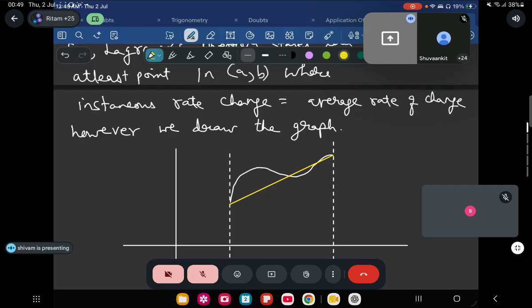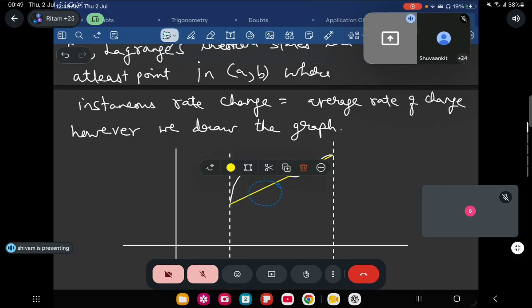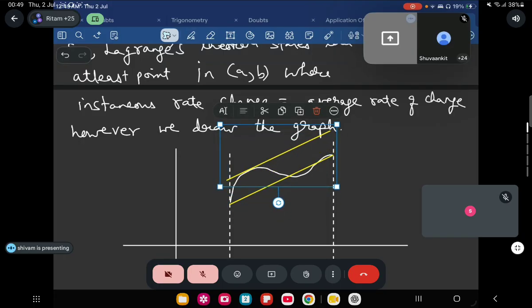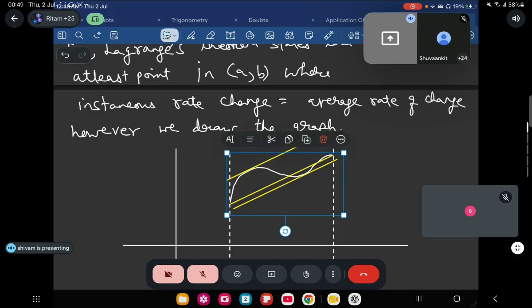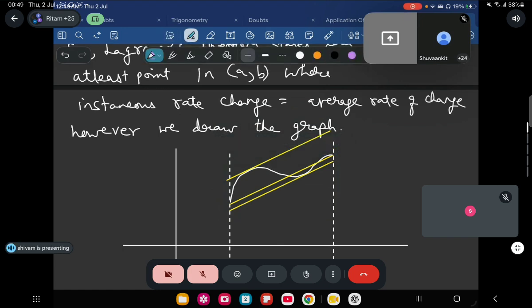So at least there will be one point between A and B such that f dash C equals it. Copy paste. See, over here I've got one point, and over here also I'll get one point. However you draw the curve, you'll get at least one C of Rolle's.